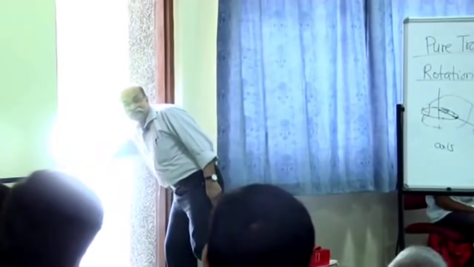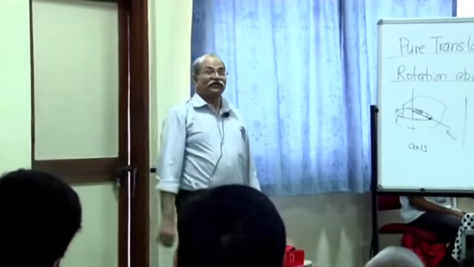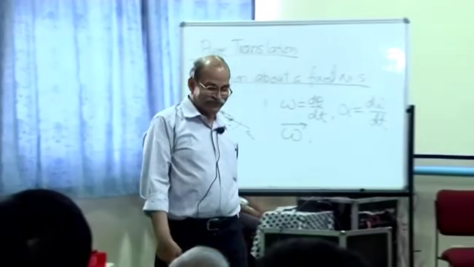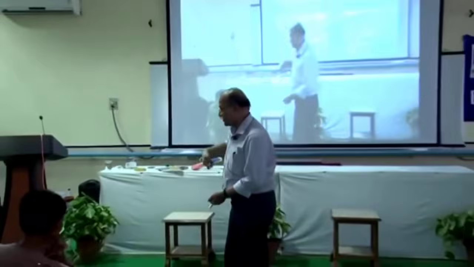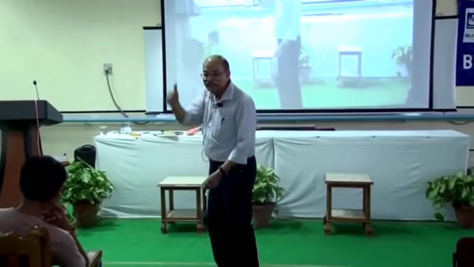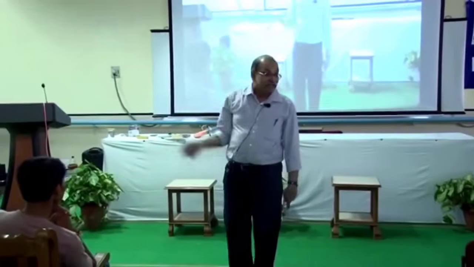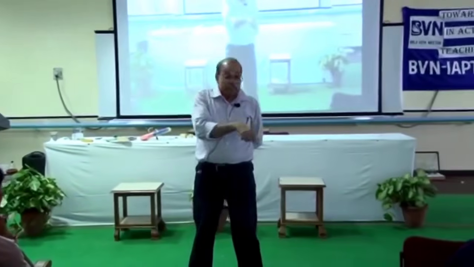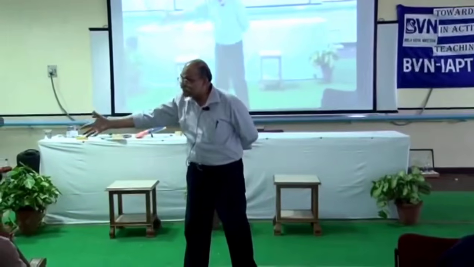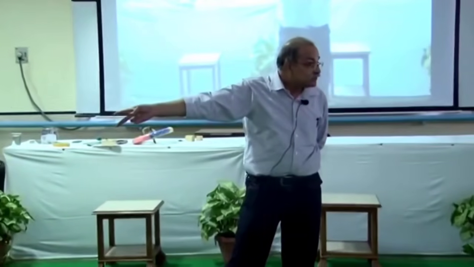Now, what happened? Angular velocity was created, upward or downward? Upward. Look from the top, look at the circles towards me, so up. So, the angular velocity is in the vertically upward direction. Angular velocity was 0. Now, the angular velocity was created. So, there was an angular acceleration in that period.